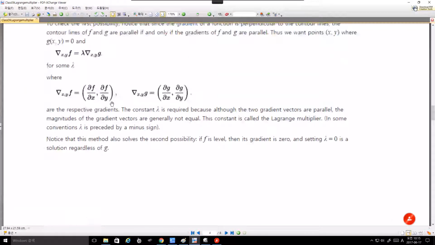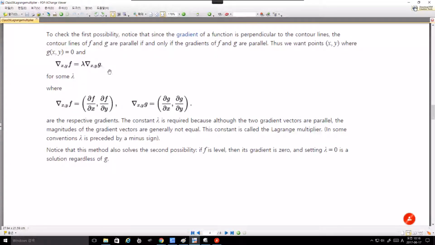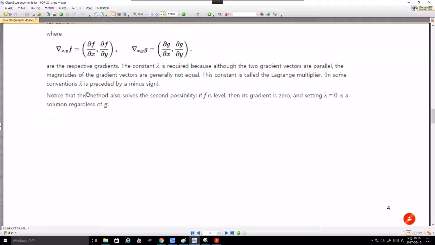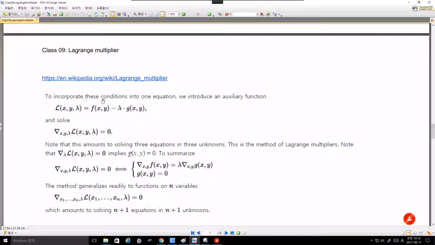To incorporate these conditions into one equation, we introduce an auxiliary function, the Lagrangian: L(x, y, λ) = f(x, y) − λ g(x, y). Here we set the constant to 0 because we removed c in the previous equation.